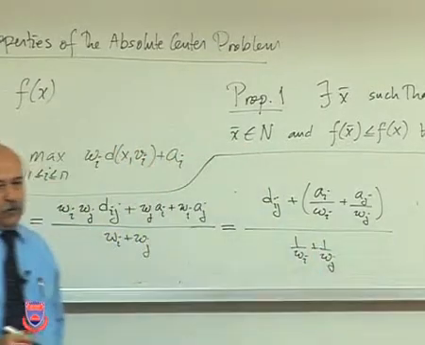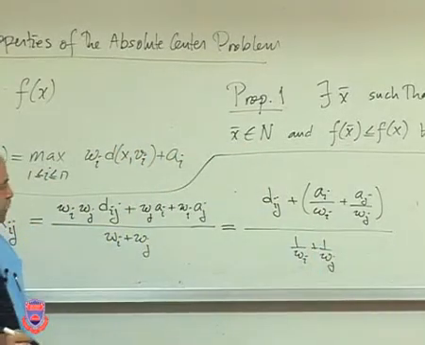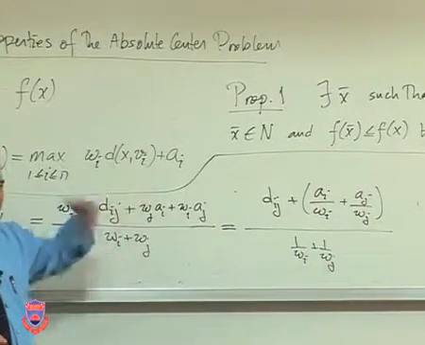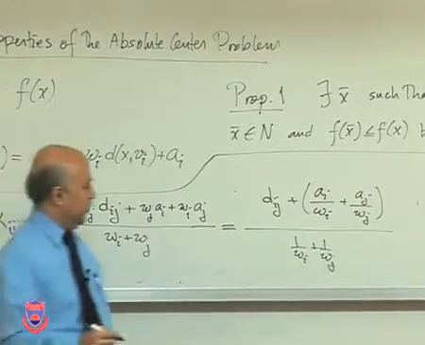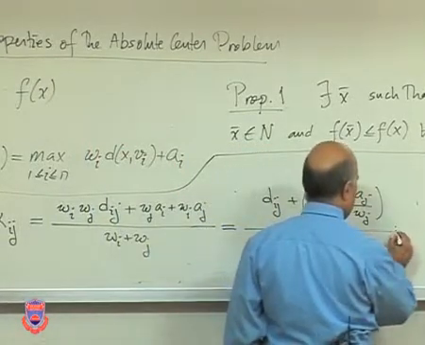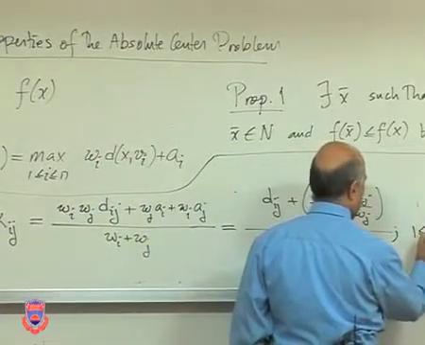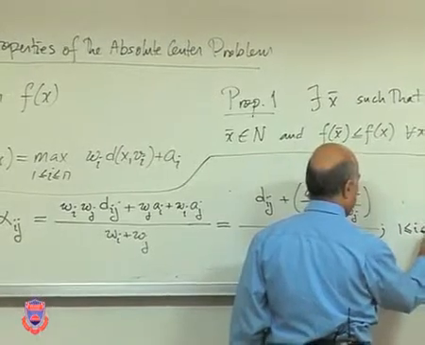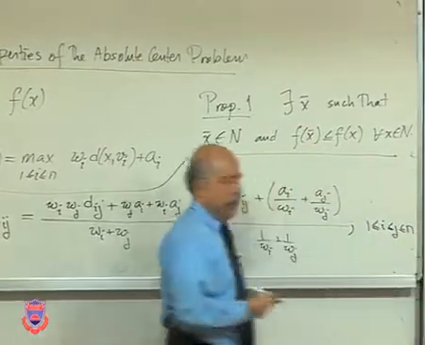That's the one I prefer, because of some of the things we will do in a few minutes. And this is for i less or equal j less or equal n.